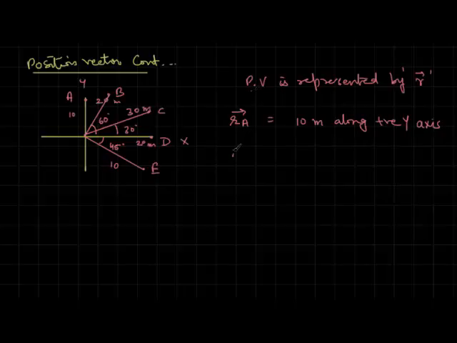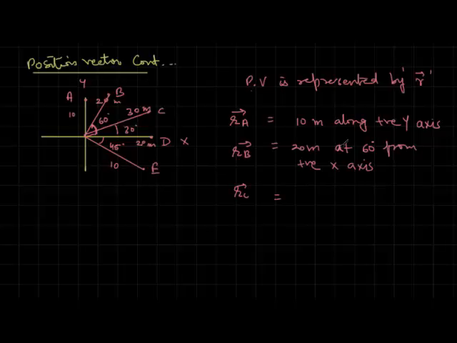Our B vector is 20 meter at 60 degree from positive x-axis.